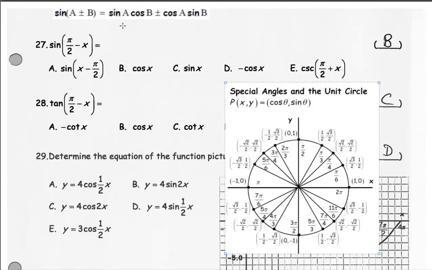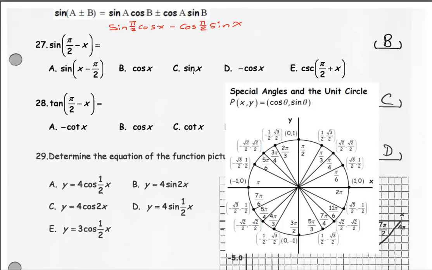And so notice for a plus b, there's a plus in the middle. For a minus b, there's a minus. So this is basically going to be, and I'll actually write up here a little bit higher, the sine of pi over 2 cos x minus the cos of pi over 2 sine x.